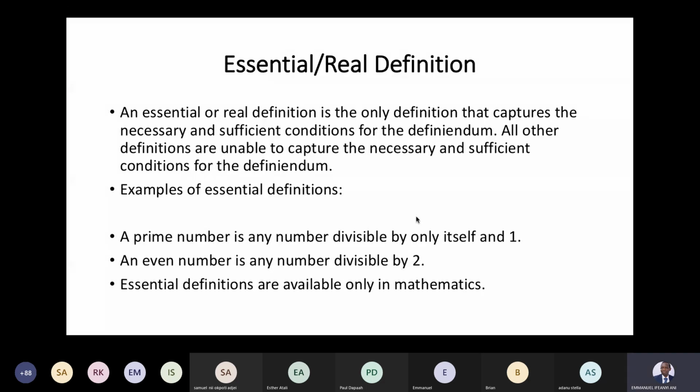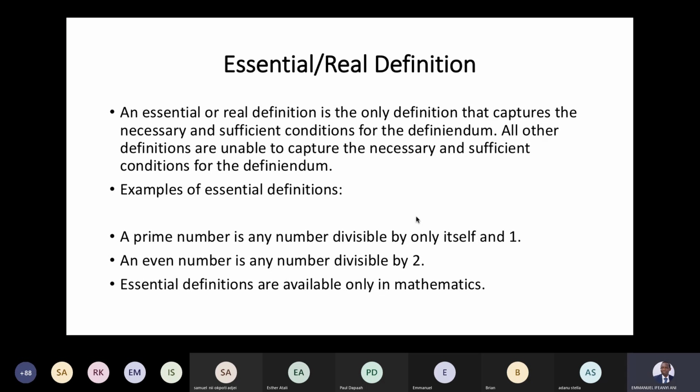The only definition that captures the necessary and sufficient conditions for the definiendum. All other definitions are unable to capture the necessary and sufficient conditions for a definiendum. Examples of essential definitions. A prime number is any number divisible by only itself and 1.